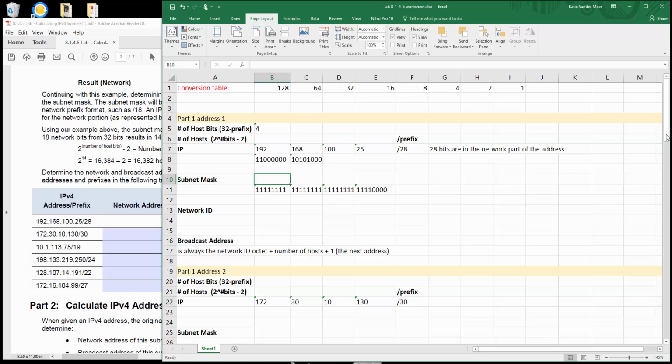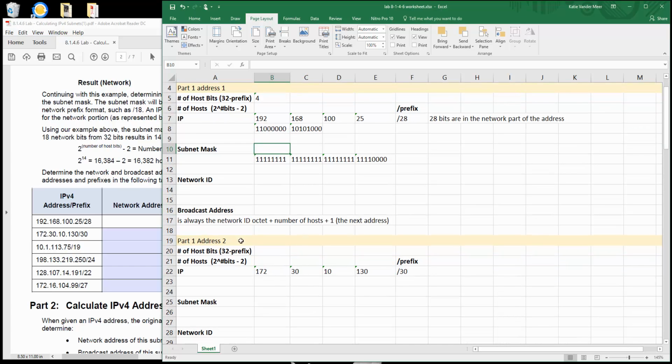Same with this one down here. Looking at question 2, I can ignore everything right here. If I want to find out what my subnet mask is for this IP address, look at this 30. So it'll be 30 ones, and then 31, 32 for my zeros.